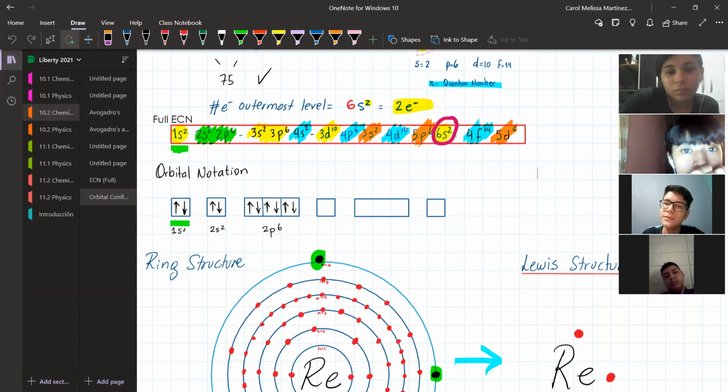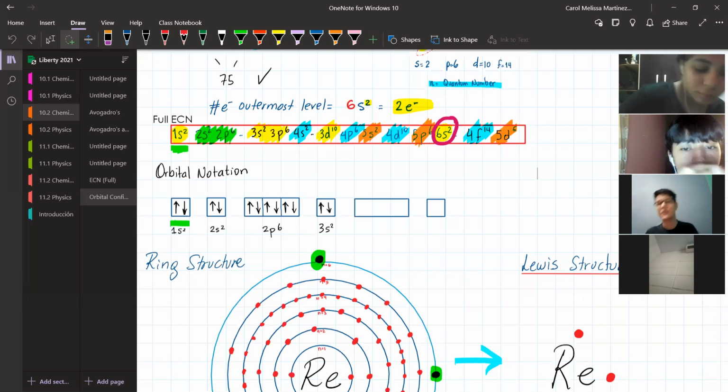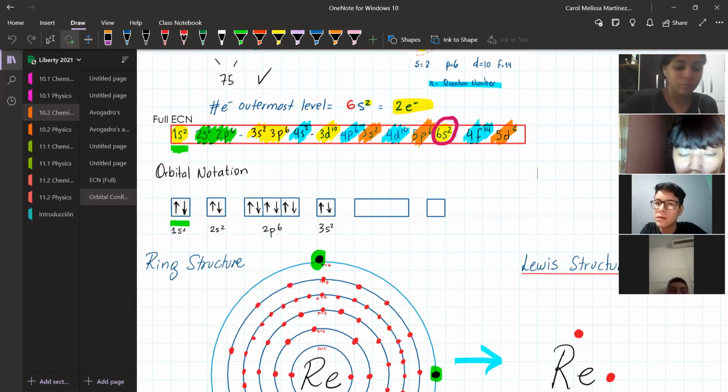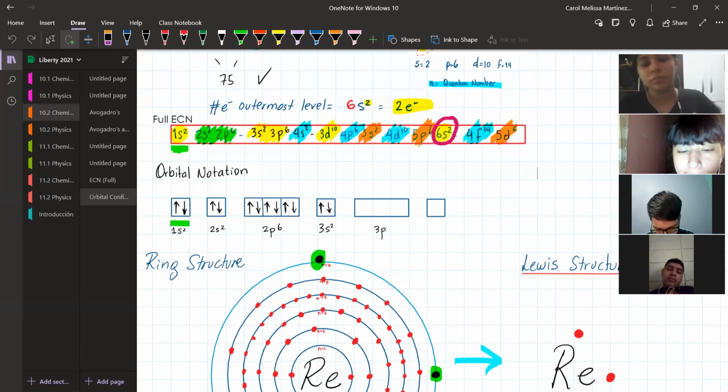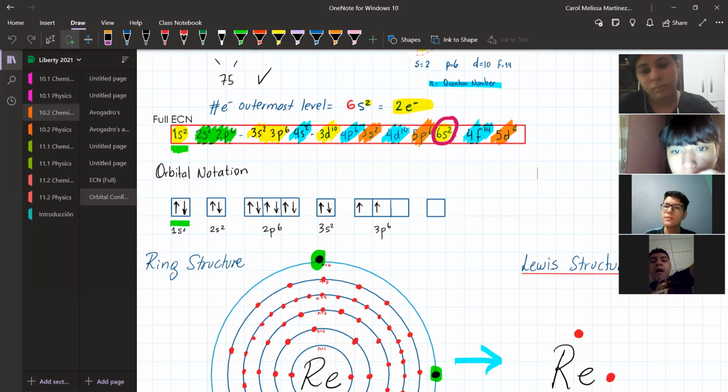So you continue with 3s2. Two arrows, one up, one down. You always begin with the upward direction arrow. Then comes 3p6. Again, you draw the 3 boxes, and then the arrows: 1, 2, 3, and then 4, 5, 6, like that.